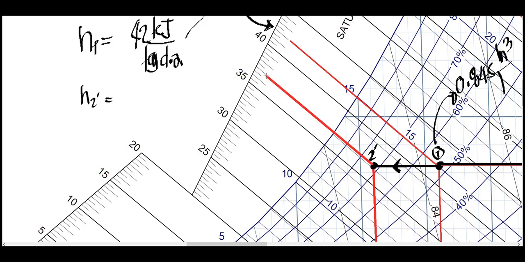We have the value of this, 36. So it will be 36.9 kilojoule per kilogram of dry air. So that will be the value for this one.